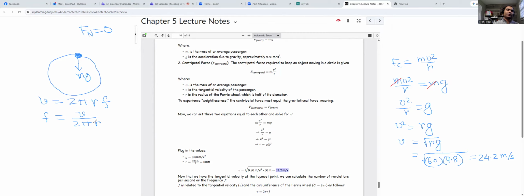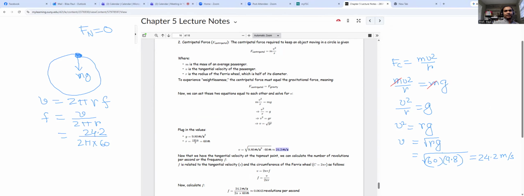I divide both sides by 2 pi r and I get this. All right? So v is 24.2, 2 pi is 2 pi, and then r is 60, right? So this is the frequency in revolutions per second, okay?